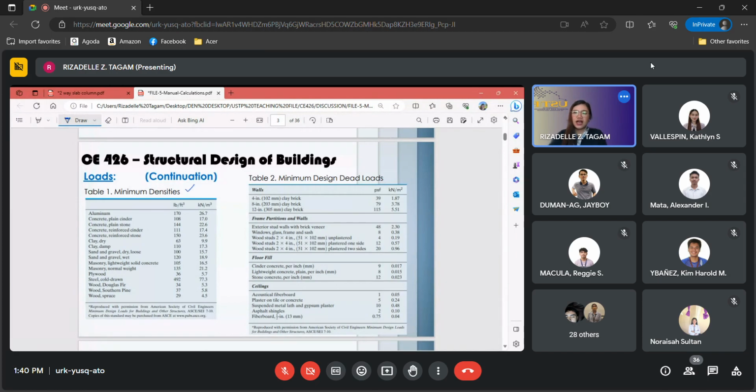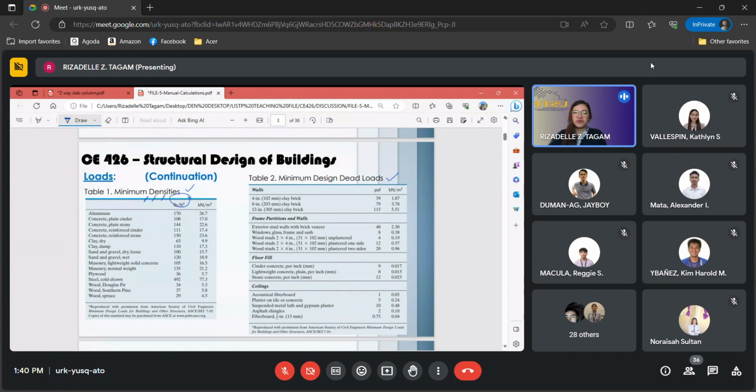However, kani, apil pod ni siya, pero dili ni tanan. Just a part, no? Kani nga loadings, Table 1 and Table 2, is just a portion of the loads. And this is from the ASCE, the American Society of Civil Engineers. Design loadings. Duol-duol na ni sa atong NSCP, naa pod nga lahi lang sa decimal.